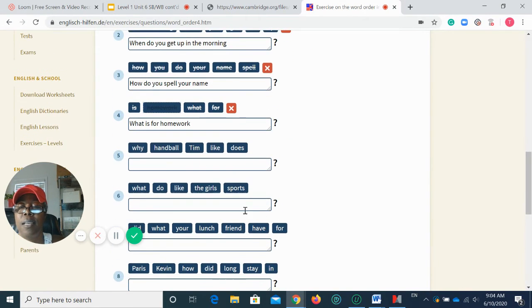Next, our question word is, why does Tim like handball? Why does Tim like handball? Number 6, what do you think number 6 should be?